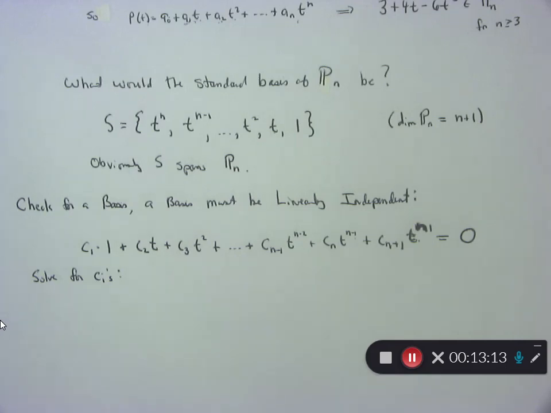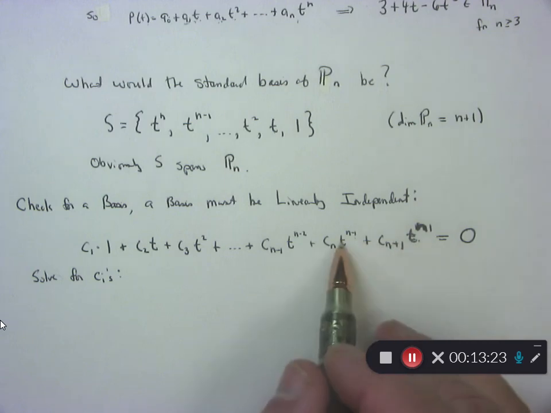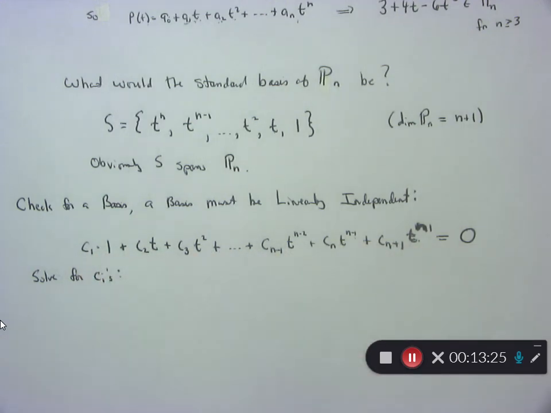But my point is this. How does a polynomial always equal 0? There's only one way. We're talking about these as components here. What kind of C's do you get?